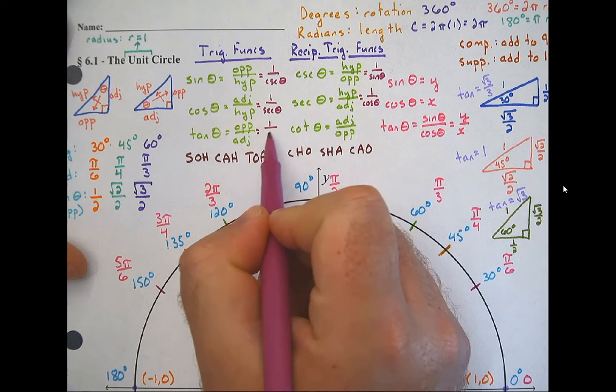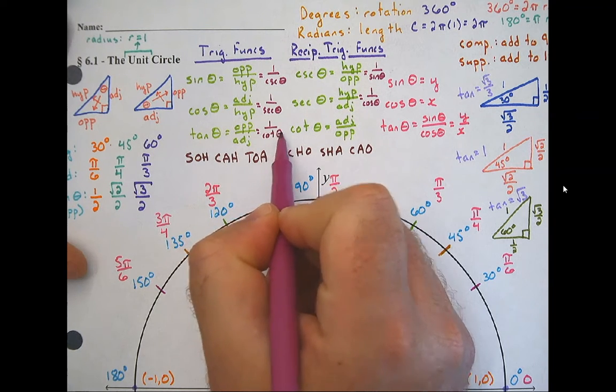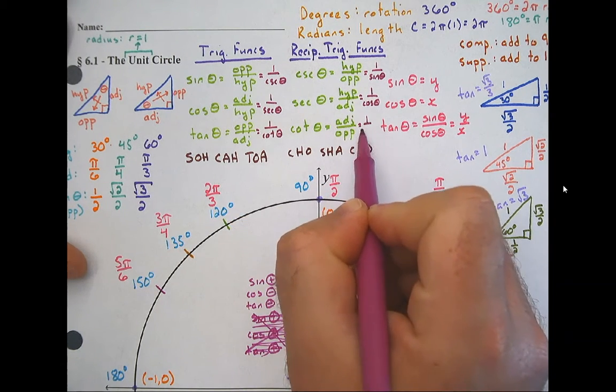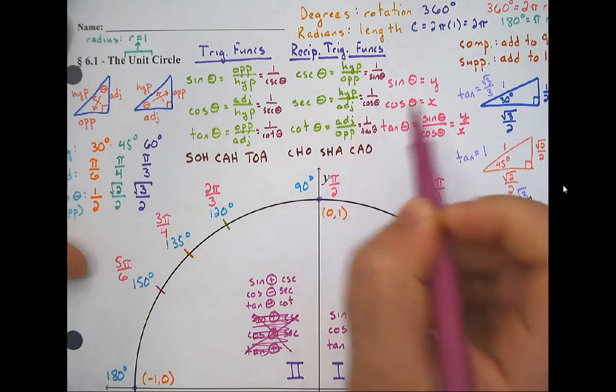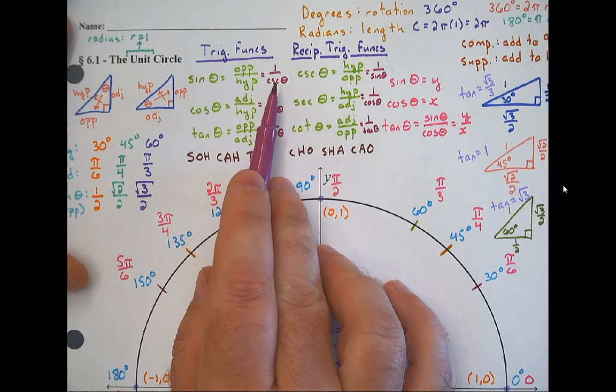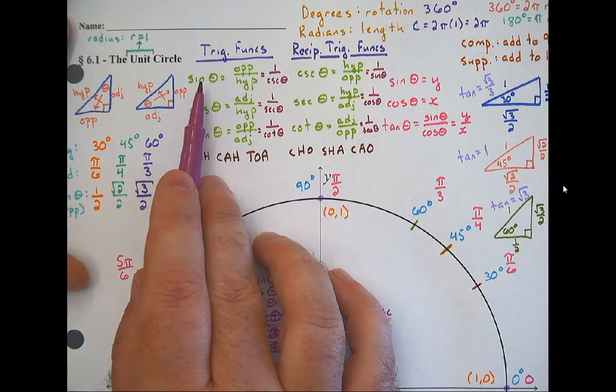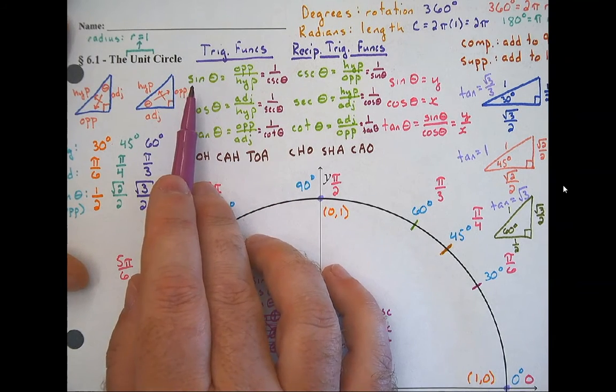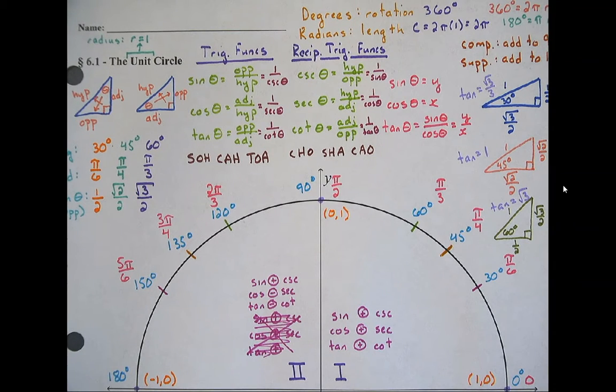Tangent is the reciprocal of cotangent, and cotangent is the reciprocal of tangent. So the idea here is that if you've got a cosecant on the bottom of a fraction, you can move it to the top of the fraction and turn it into a sine. So you can reciprocal it and turn it into a different trig function. Like I said, this will make more sense as we do more examples.